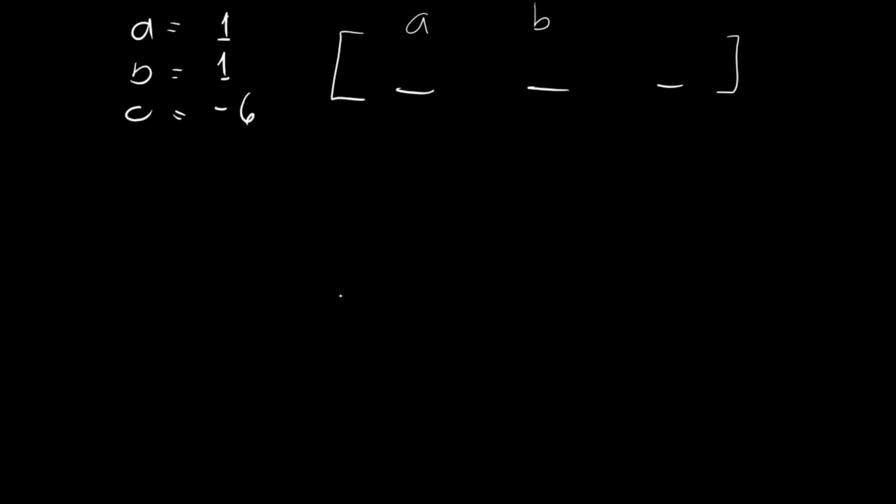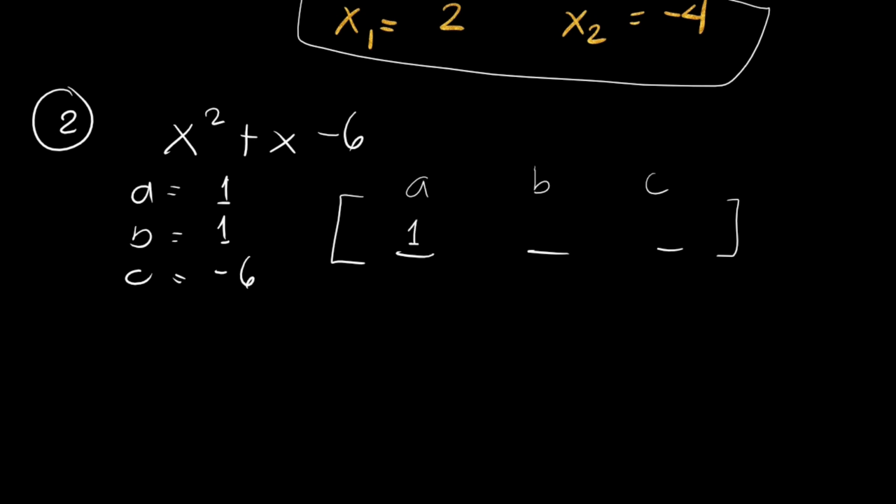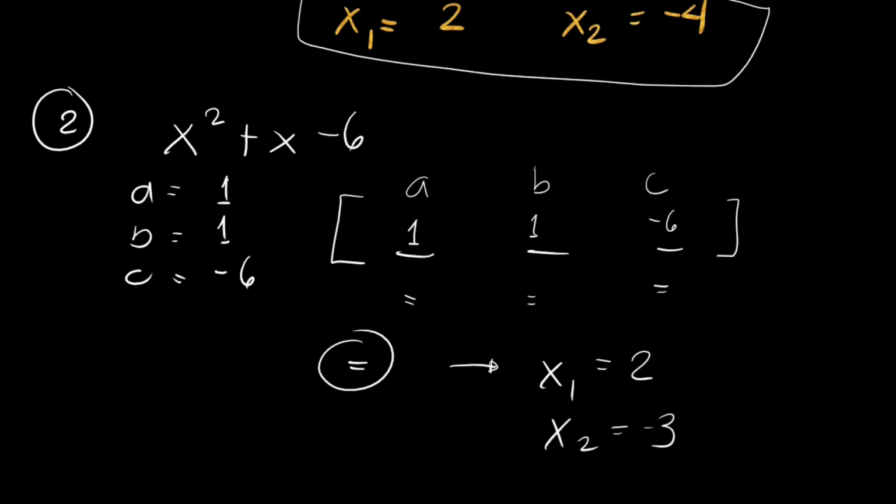Ang value ni A mo ay 1, value ni B ay 1, value ni C ay negative 6. So, para ma-enter mo yan, 1, tapos press mo yung equal, tapos press mo ulit yung 1, tapos equal ulit, press mo yung C, yung negative 6, tapos equal ulit. Tapos, pagkatapos mo input yung values, i-press mo ulit yung equal. Tapos, may lalabas na dyan na x sub 1 is equal to 2, and x sub 2 is equal to negative 3. And these are our answers kanina.